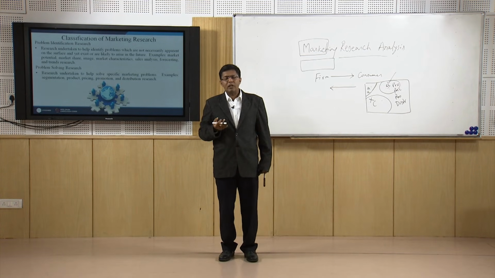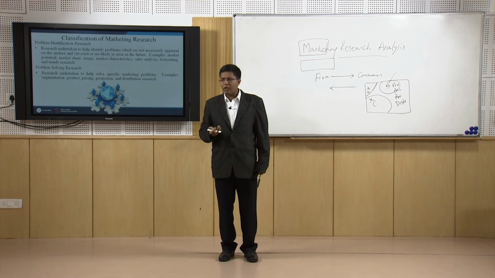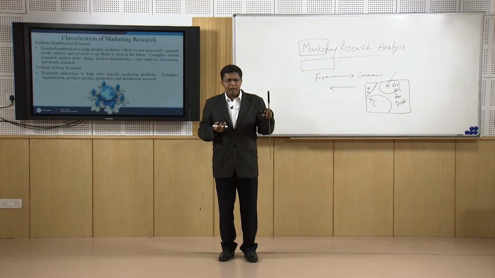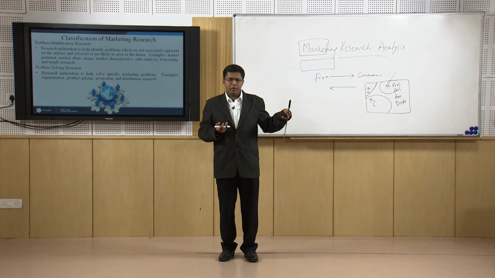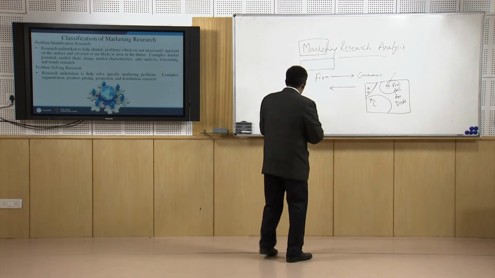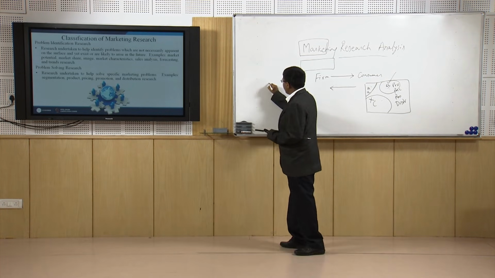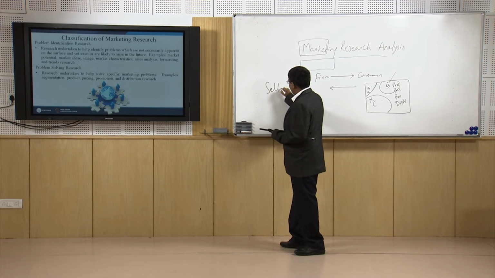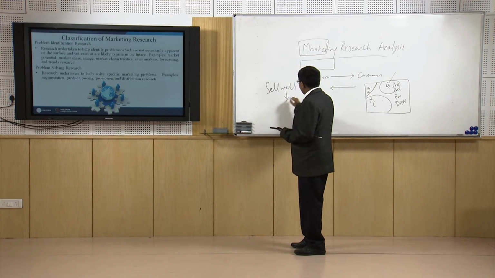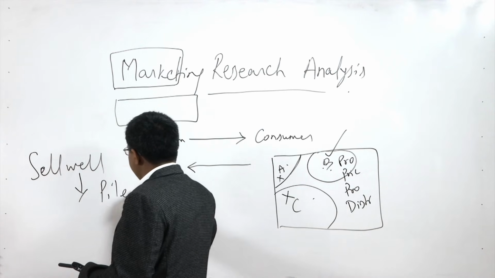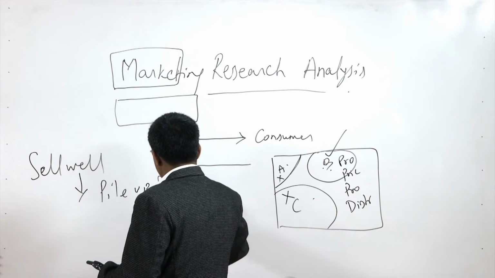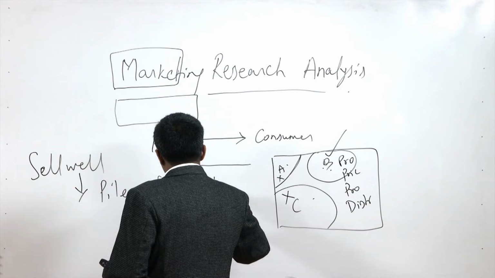if you go wrong on your forecasting, if you cannot predict your market well, there is an enormous loss that a company can make because the entire chain is getting affected. Let us say if the product does not sell well, right, then automatically there is a pile up of inventory, right.